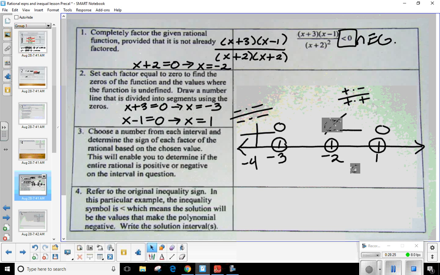Okay. Where to now? Now, what can I put between -3 and -2? Yeah, -2.5. Even if it's a decimal, as long as it works. So let's do the same thing. -2.5 plus 3, that's definitely a positive. -2.5 minus 1, negative. -2.5 plus 2, negative.